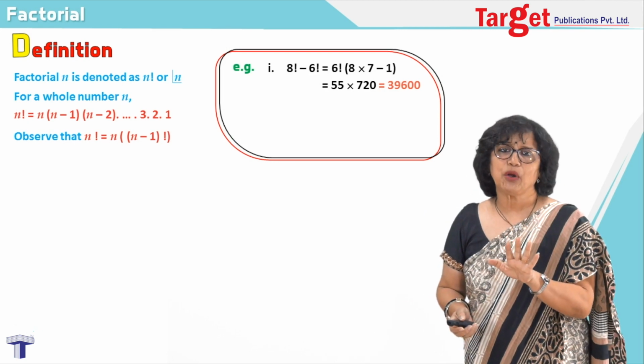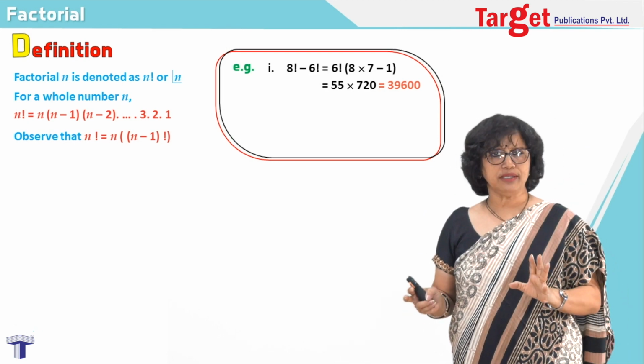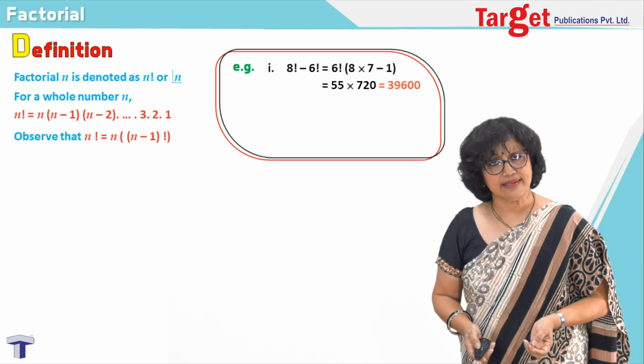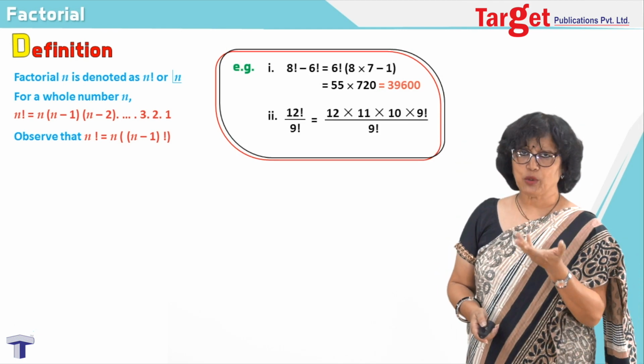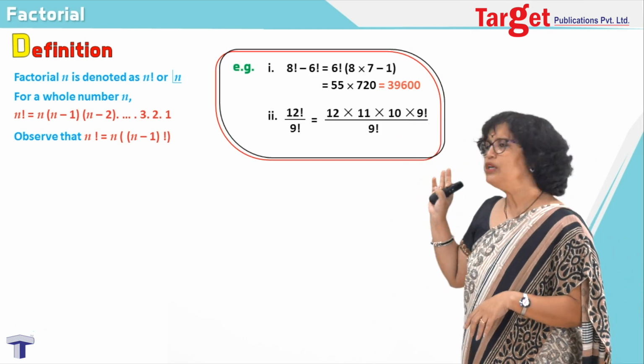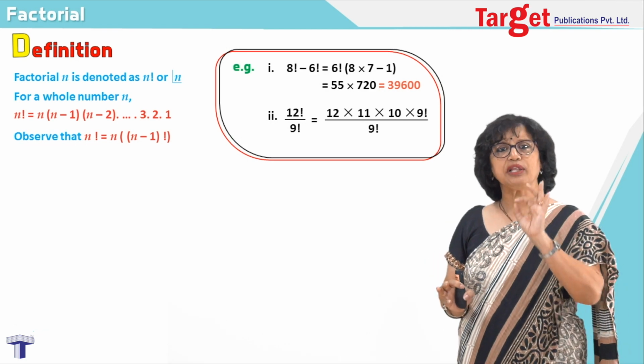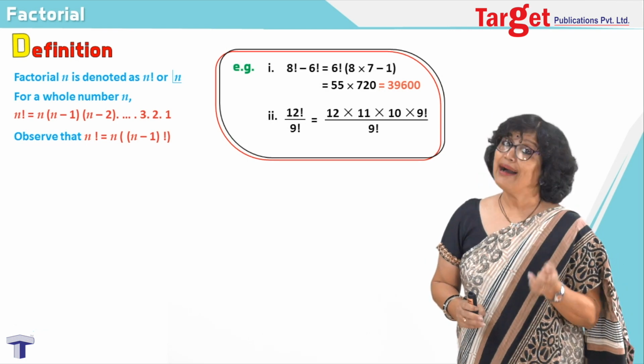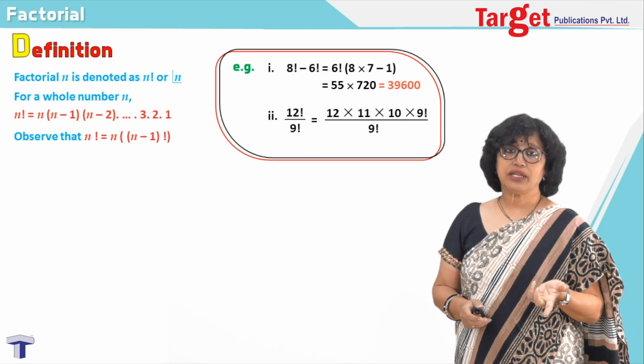But from the examination point of view, many times you will find the options written in factorial notation itself, right? So I go for one more example. For example, if you have to simplify 12 factorial upon 9 factorial, how do we do it? Again, in 12 factorial, 9 factorial is involved somewhere.